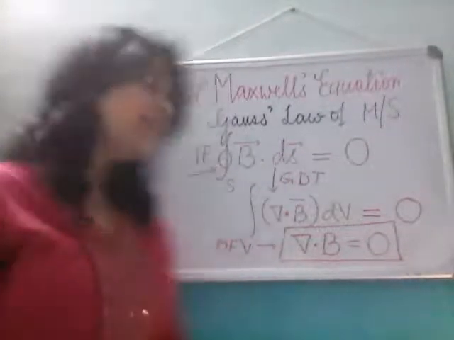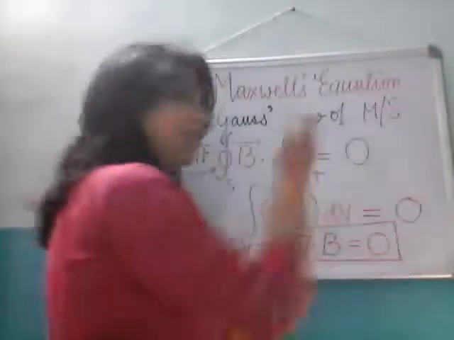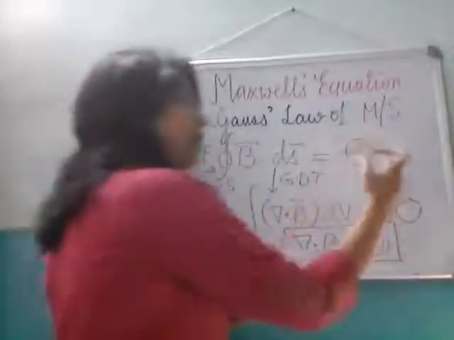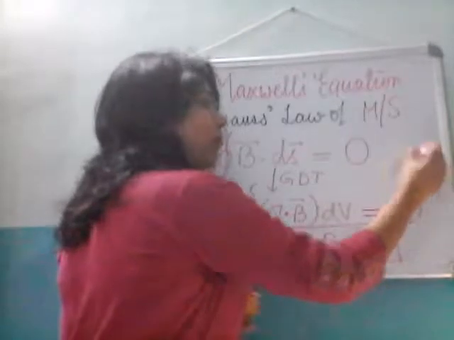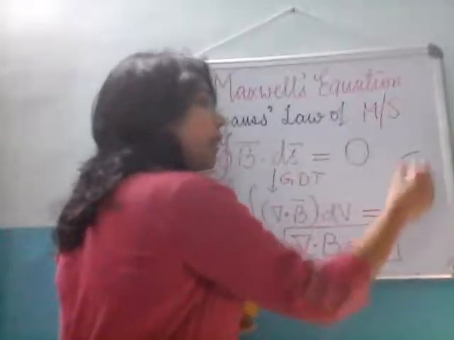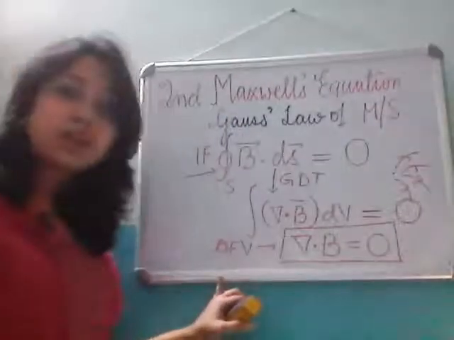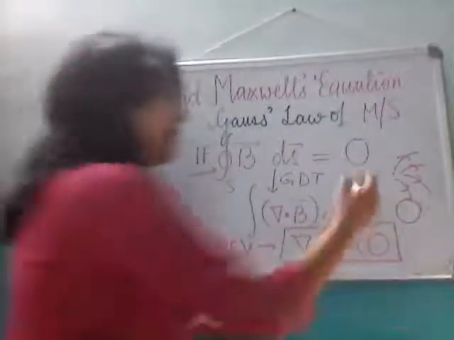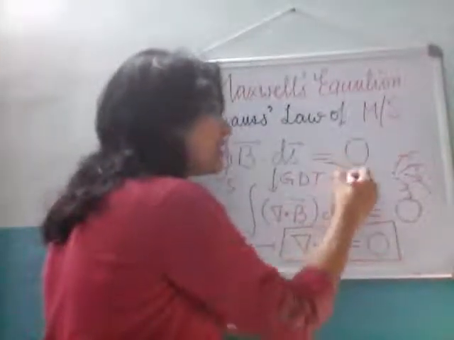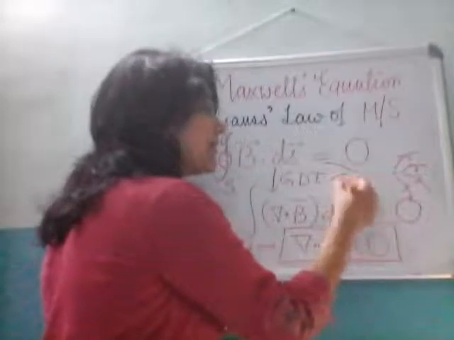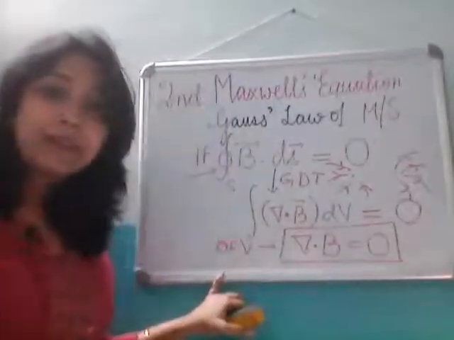I know that if the divergence of any quantity is positive, there will be a point from where everything will be going out of it. The magnetic flux will be going out. And if I have a sink, what will I essentially see? That all the magnetic flux is coming in over there.